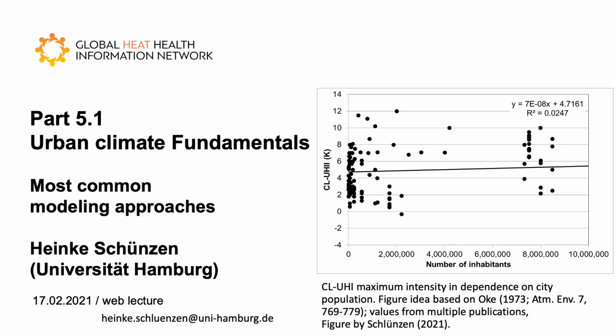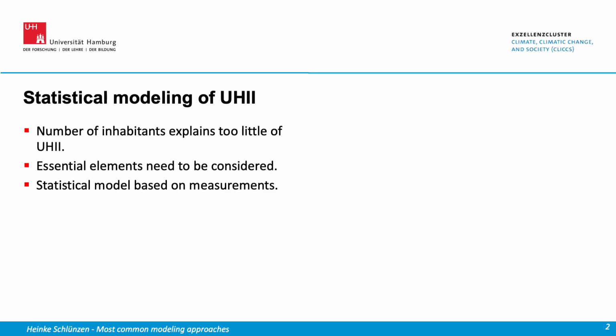However, there is a wide spread of values for the maximum intensity, and this increase does not really explain the variety. The statistical model we looked at explains too little of the urban heat island intensity.